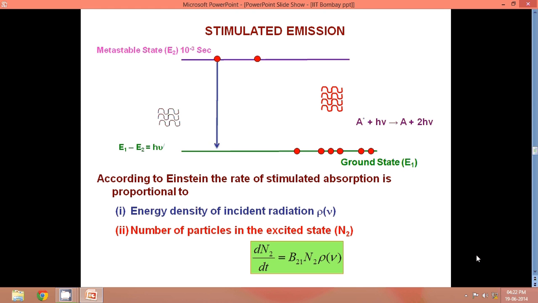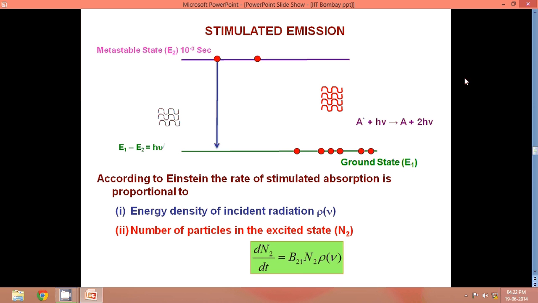If a photon is supplied, then this photon, while moving in the atomic system, meets atoms which can also give out the same type of photon if they are brought to the ground state from the metastable state. That means there is a sort of resonance phenomenon involved in this process.